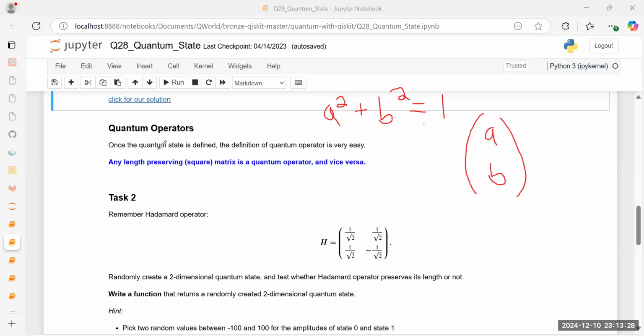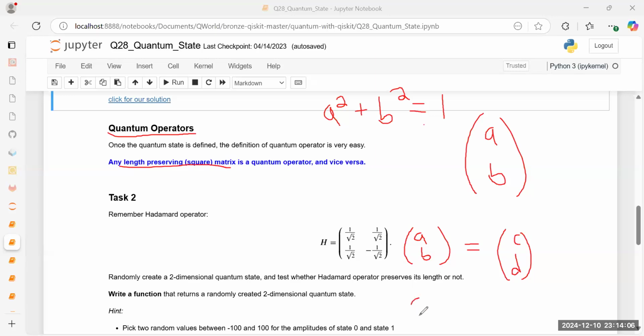So all our quantum operators should be length preserving. If I apply our quantum operator, let's say the Hadamard operator, to some quantum state, the result should still be a valid quantum state. So the length of the vector you see here should still be 1.